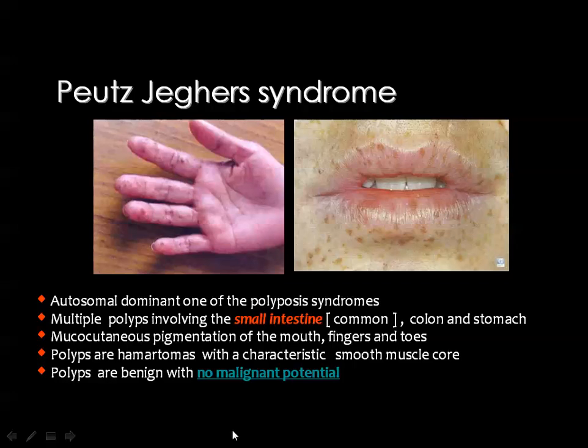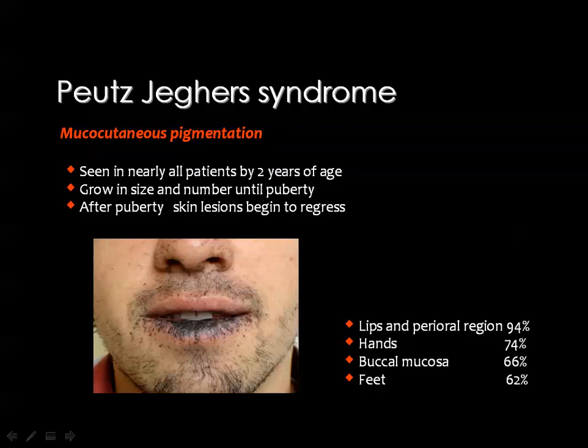Polyps are usually hamartomas, and they are on the benign side with a smooth muscle core, and they have no malignant potential.